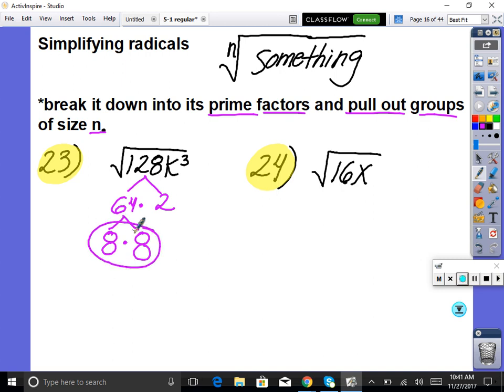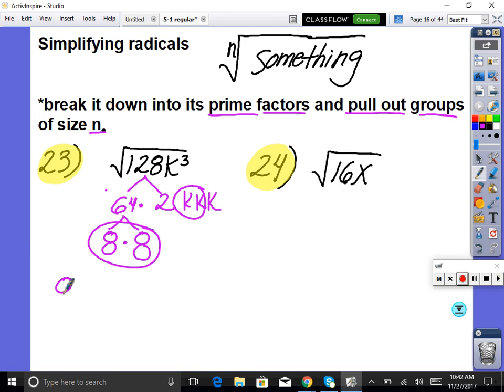Now think about it. We have k to the third, so that's 1, 2, 3. We're pulling out groups of 2. So can't I pull out a k? Now everybody listen so it makes sense to you, because I always have people say, I pulled out a 64. Well, why do we only pull out 1 8 for those 2 8s? Because we're technically doing the square root of 64, which is 8. Does everybody see? We're just square rooting it in sections, technically.